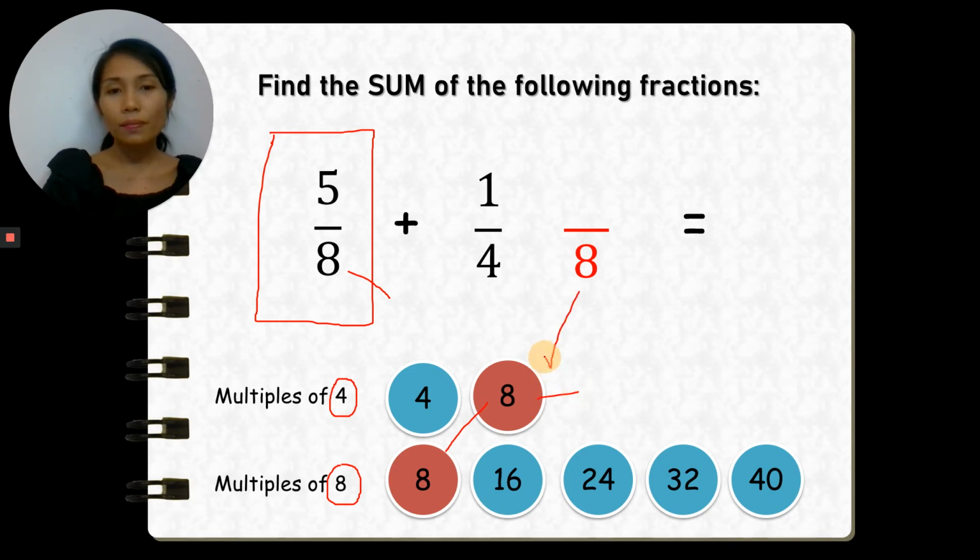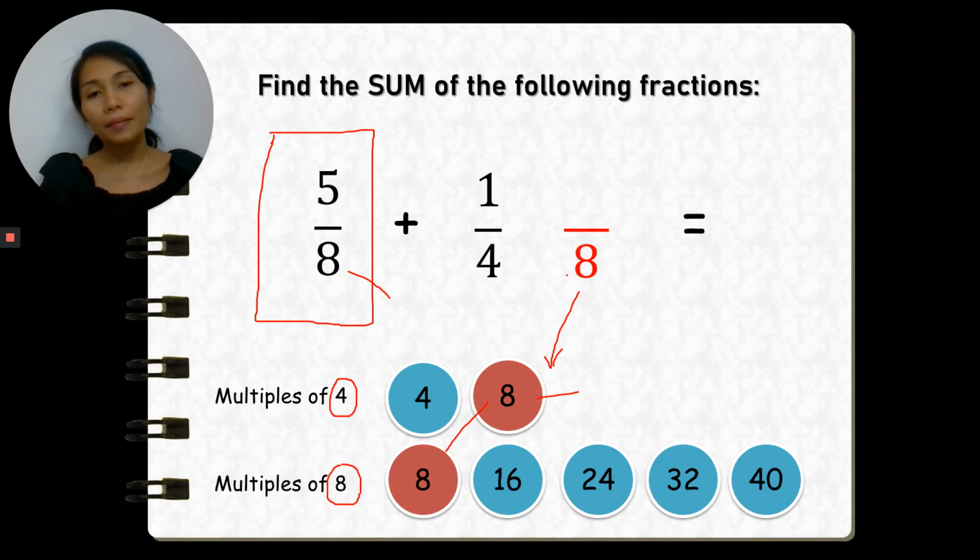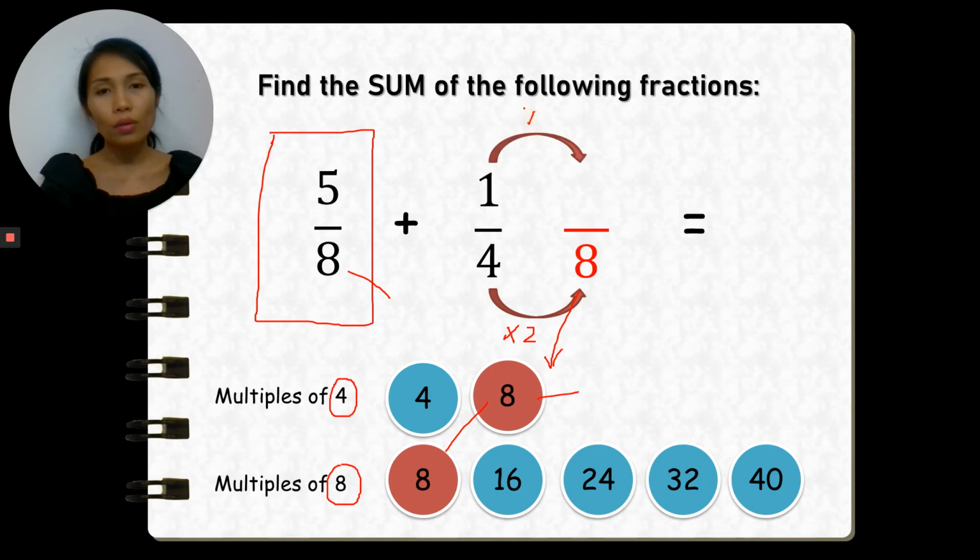So that's where we get 8. And then what factor are we going to multiply to 4 to get 8? 4 times 2, right? 4 times 2 is 8. So since we multiplied 2 here, then we also multiply 2 above.